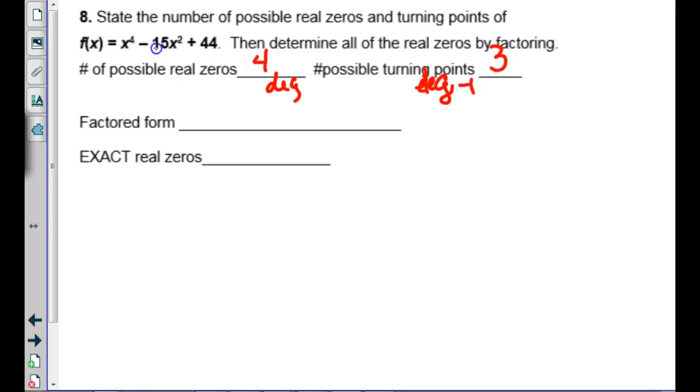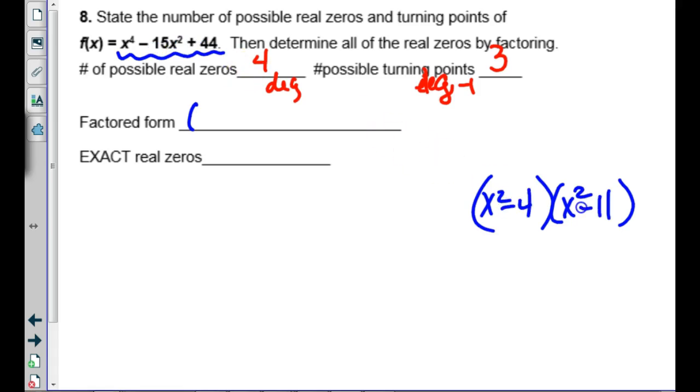So factored form. How does this factor? Okay, x squared and x squared minus 4 minus 11. Is that completely factored? This one is the difference of squares, right?